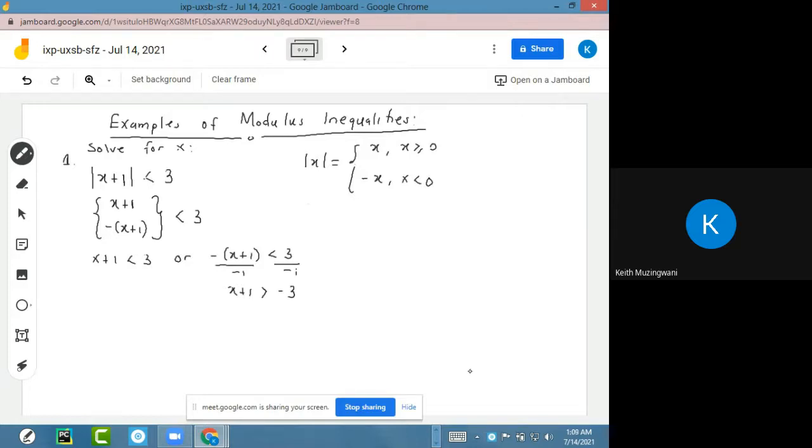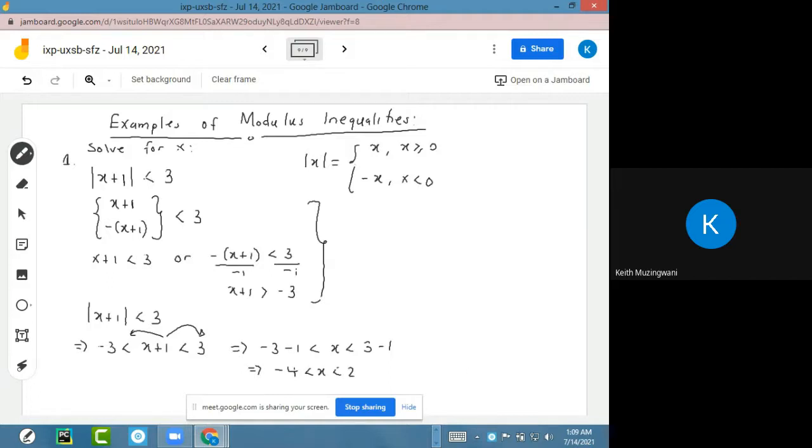To avoid solving like this every time, whenever you find a question, the modulus of x plus 1 less than 3, your next step should be to get negative 3 less than x plus 1, and then fix it less than 3. Then take 1 to the other side. So now we'll have negative 3 minus 1 less than x less than 3 minus 1, giving us negative 4 less than x less than 2 as our solution set.